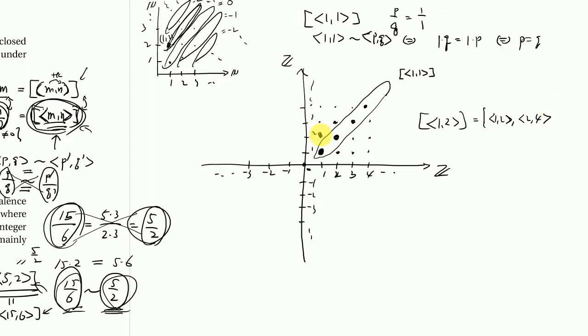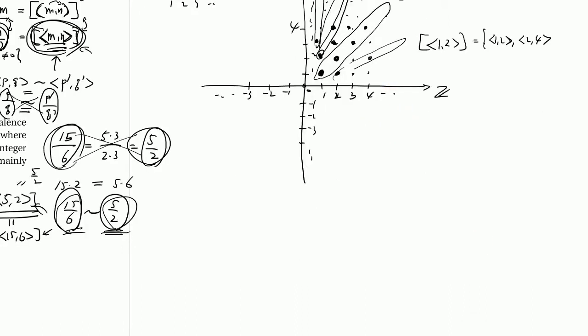So 1, 2 comes with 2, 4, and it goes this way. We are going to have a bunch of leftover points between these two equivalence classes. So 1, 3 goes like that, and we have a bunch of leftover points between these two. And that one is 2, 1, then it goes to 4, 2.